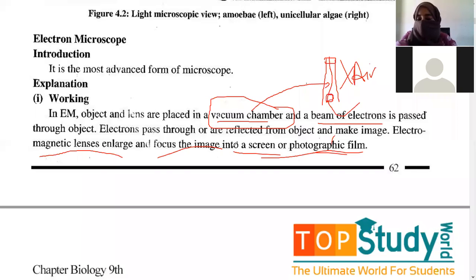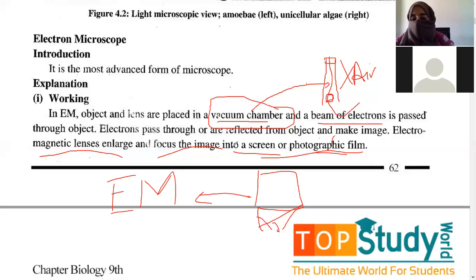A computer is also attached to this EM, and the image we want to see in the microscope is focused by the lens onto the screen or photographic film. This is the working of the electron microscope.